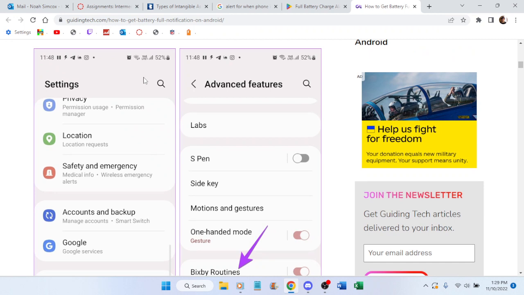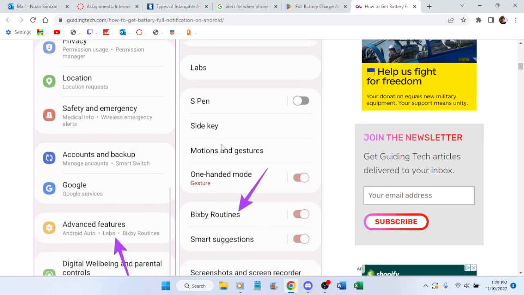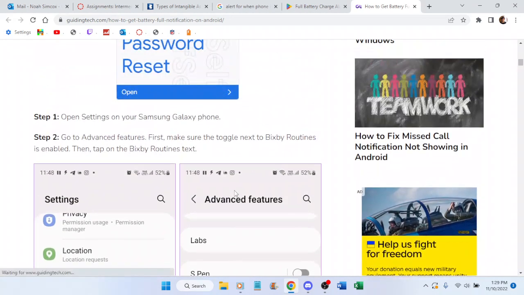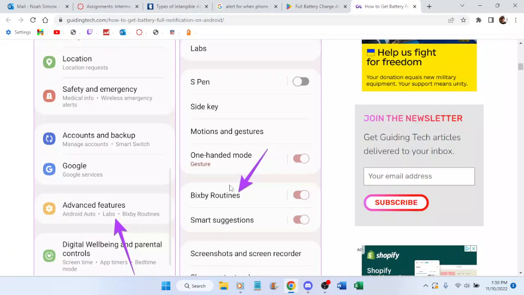Okay, make sure Bixby routines is enabled. What? I don't even see it here. No! Not cool. It doesn't even have it here. There's no Bixby routines here.